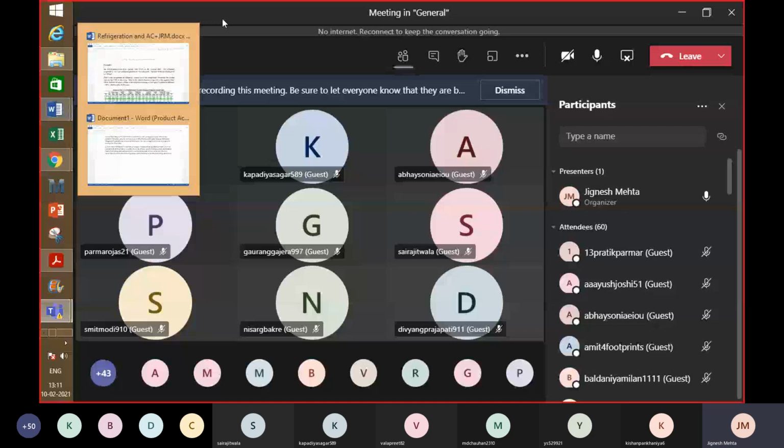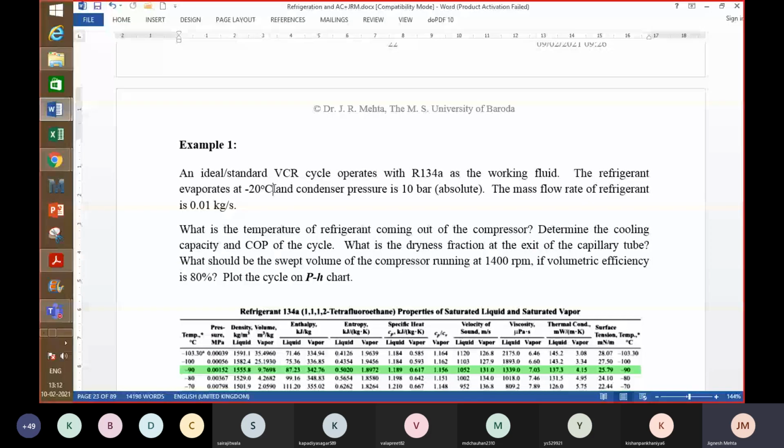Now, what are the things that you want to know? One is the temperature of the refrigerant coming out of the compressor. Second is the cooling capacity of this system, or the cooling rate provided by this system. Third is the COP of the cycle. So two of these are important performance parameters of the system, cooling capacity and the COP of the cycle. Some additional things of interest can be, one, the temperature of the refrigerant coming out of the compressor.